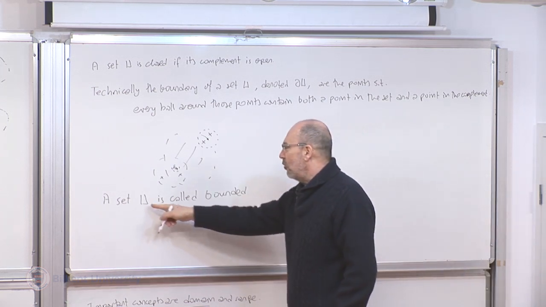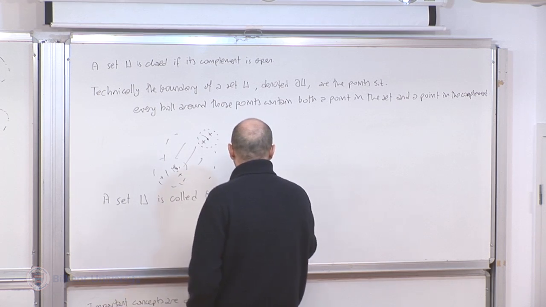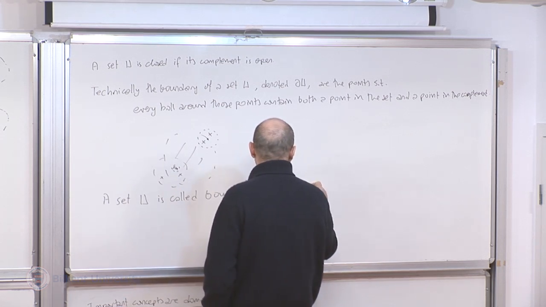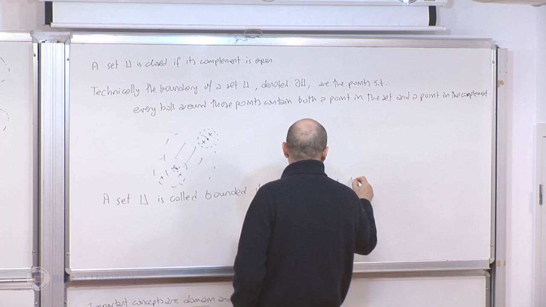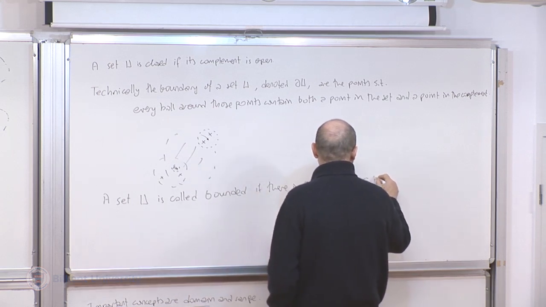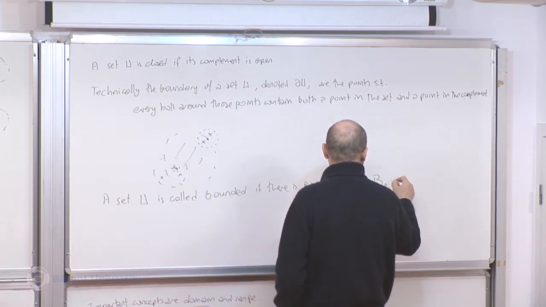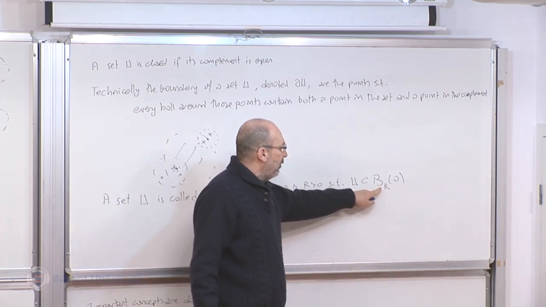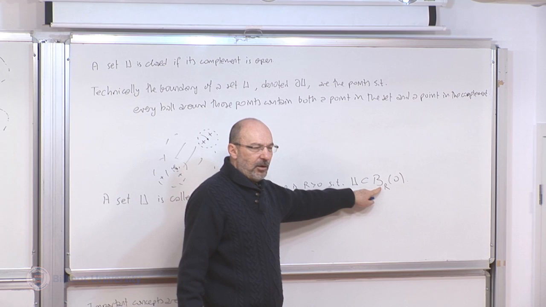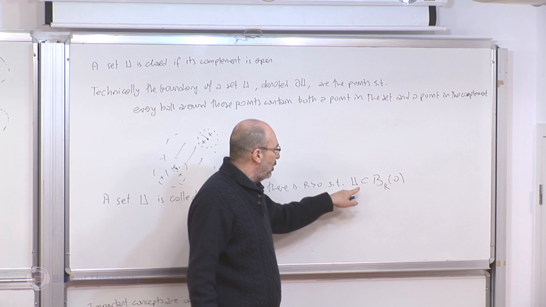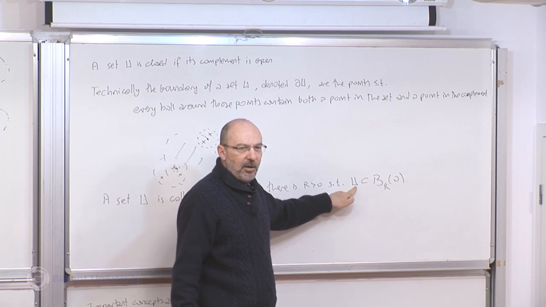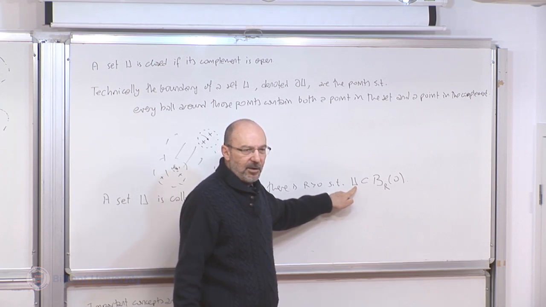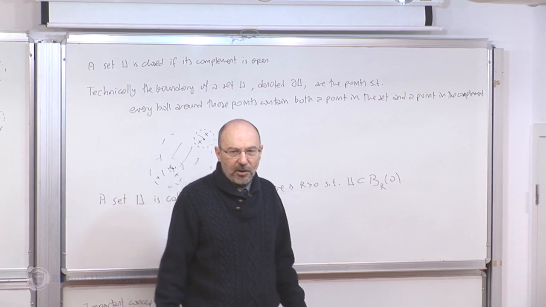We say that a set U is bounded if there is R positive such that U is totally contained in a ball of radius R at the origin. So every point in the ball of radius R has distance from the origin less than R. So this says that every point here has length less than R. This is easy to check.